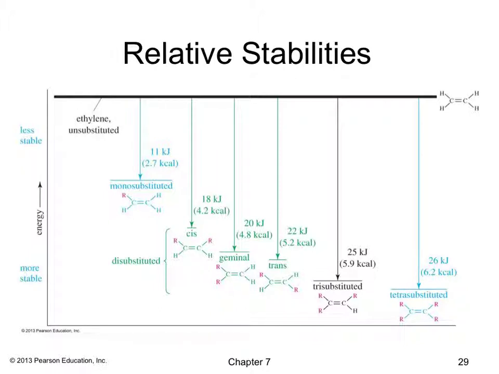Now if we go to disubstituted, you can have cis, geminal, and trans, and of the three, the trans is most stable, followed by geminal, and then cis being the least stable of the three disubstituted. If you go to trisubstituted, you are even more stable, and tetrasubstituted, the most stable.